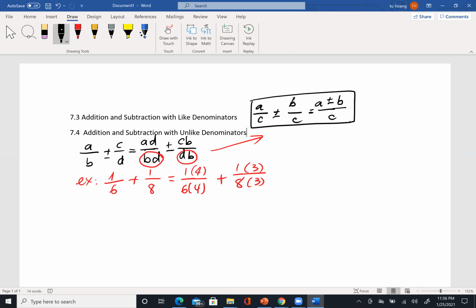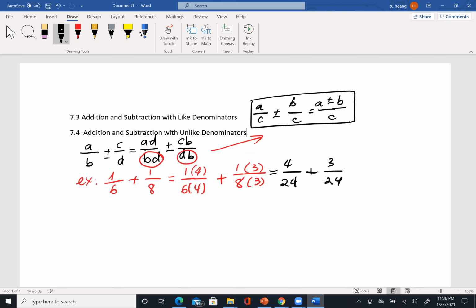So now if I multiply it out, the first term becomes 4 over 24, and the second one becomes 3 over 24.